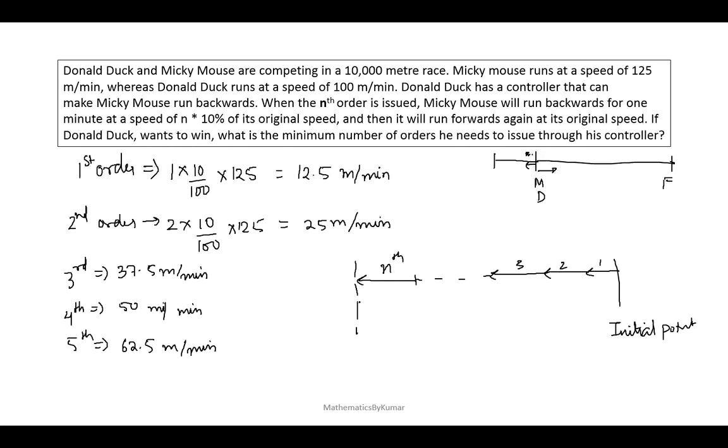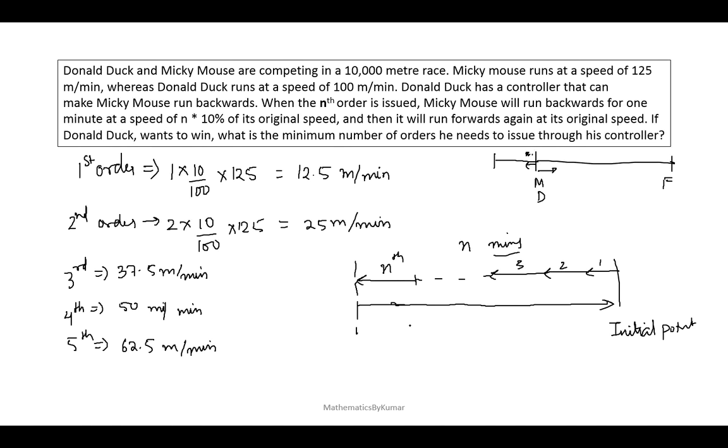As soon as that order is issued, he'll start running forward to first reach the initial point. When the orders were being issued, he was running back 1 minute every time. It means that up till this nth point, n minutes have already elapsed.